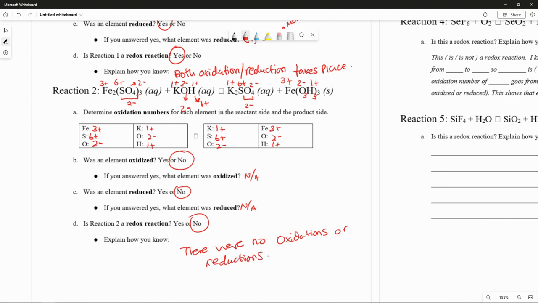And putting it to a more scientific definition, there were no electrons that were exchanged or transferred, making this whole thing not oxidized, or no element in this whole thing oxidized or reduced.